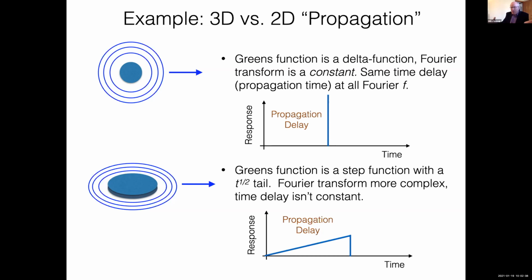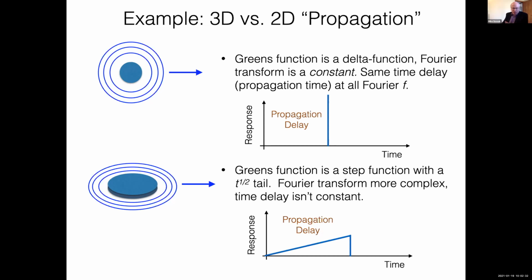However, if I have 2-dimensional propagation, the Green's function is not a delta function anymore. Instead, it's a step function with a tail behind it. And just the fact that it's a step function with a tail introduces structure into the Fourier transform. And my time delay, even though it's related to a simple propagation, as a function of frequency is going to look more complex than a simple time delay.